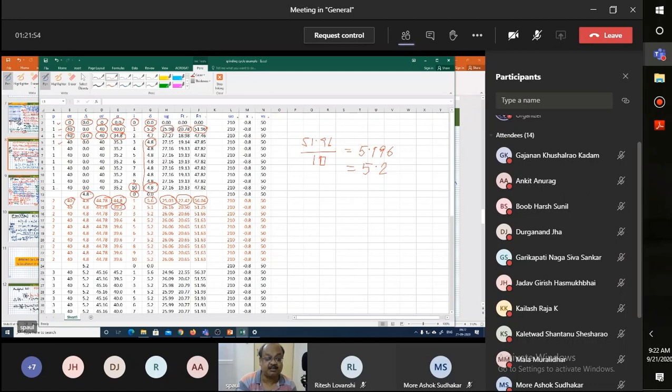Why does it become 39.2? Because 40 plus 4.8 from the previous pass becomes 44.78, minus 5.6 from the previous iteration. So this is the value of A. This is once again a guess value, and from that guess value, we calculate all of them and we get 0.1.